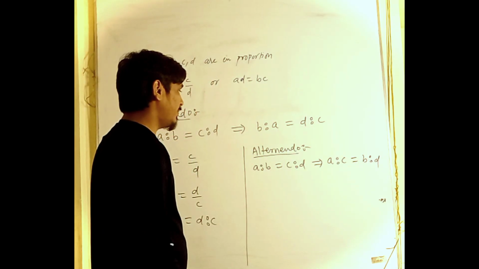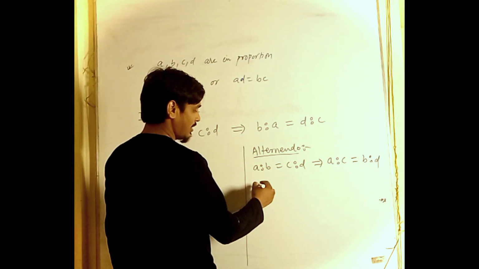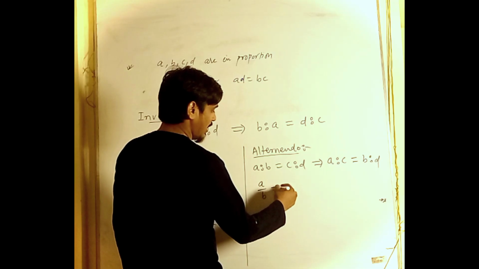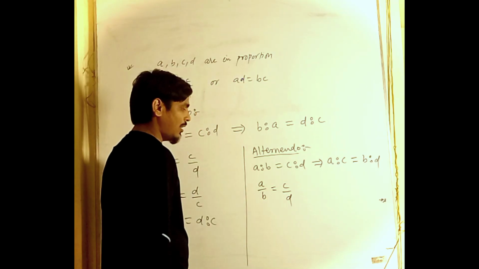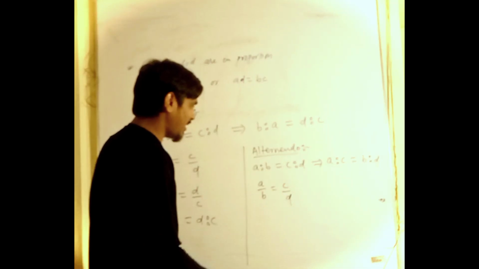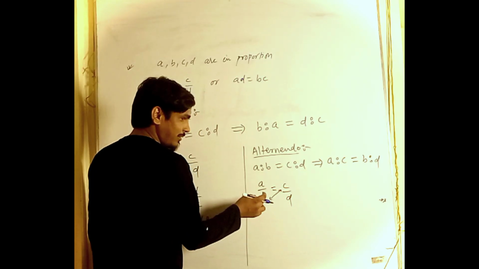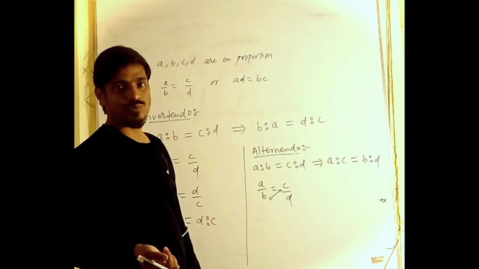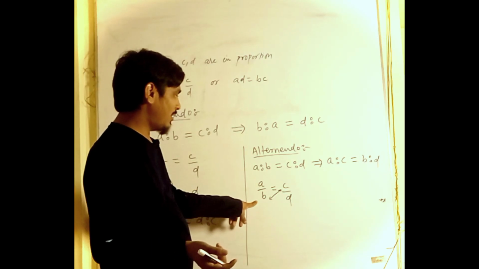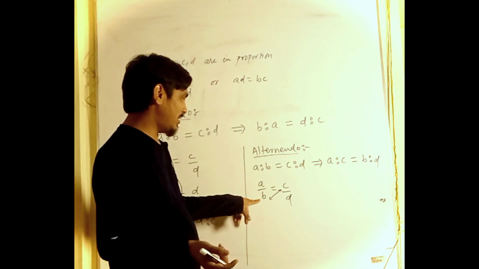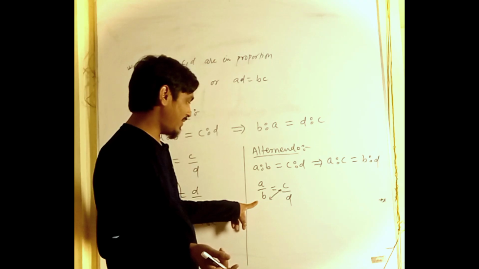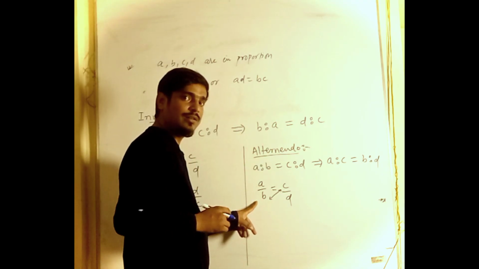You can verify this by writing it in terms of fractions. Let's say A over B equal to C over D. Now, with the transposition rule in an equation, something that is in division on the left goes to the right as a multiplication.